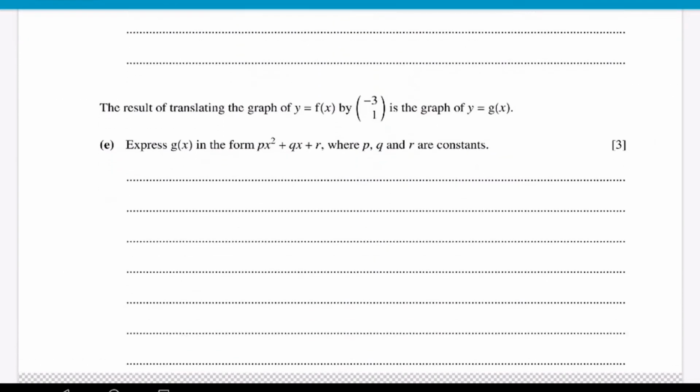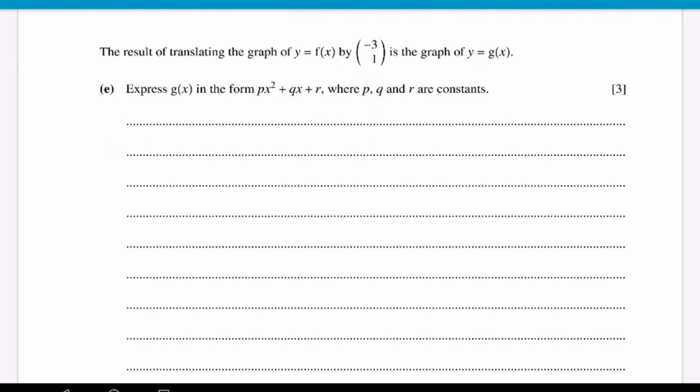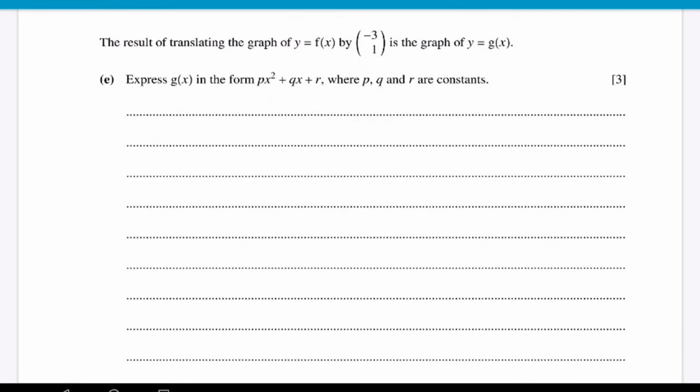We have tried different type questions for that one. So this is a little bit of translation they add in here. The result of translating the graph of f(x) by (-3, 1) is the graph of g(x). They want us to give g(x) in expanded form.